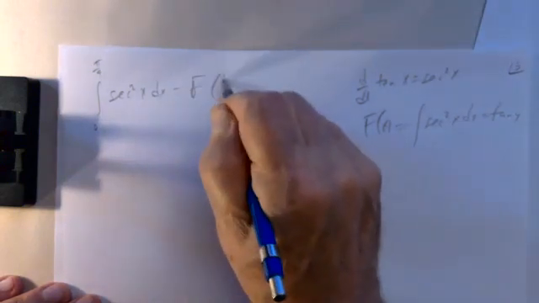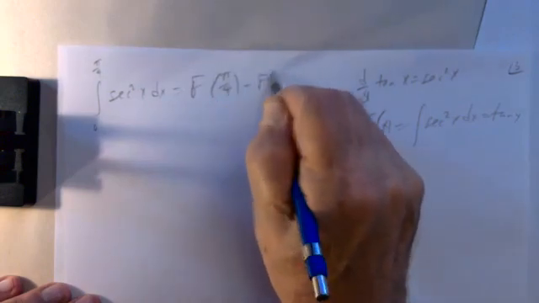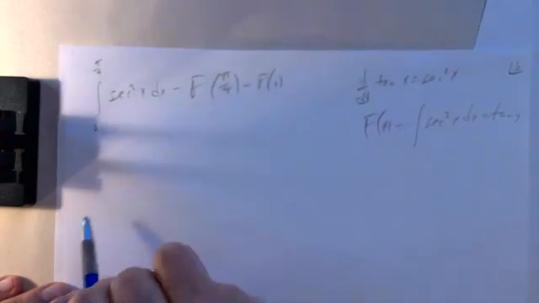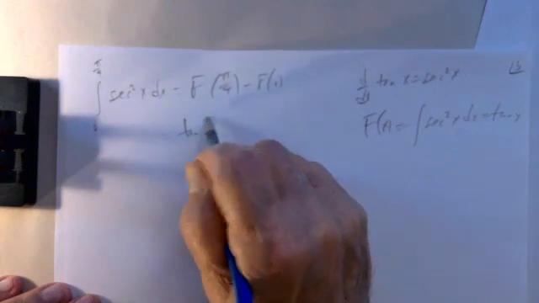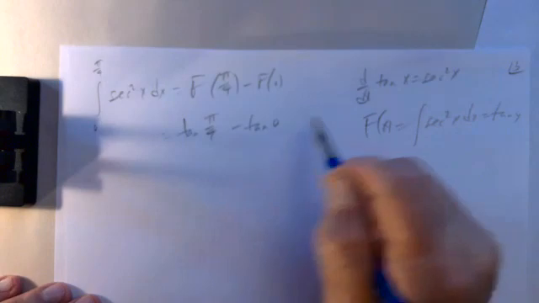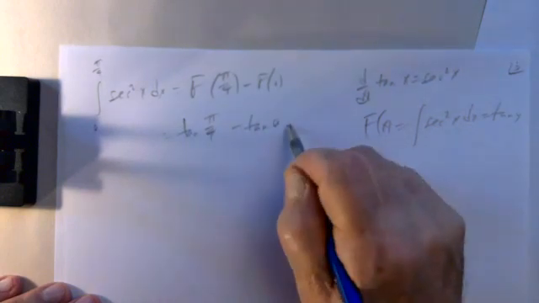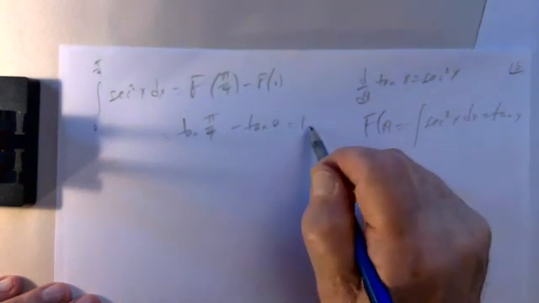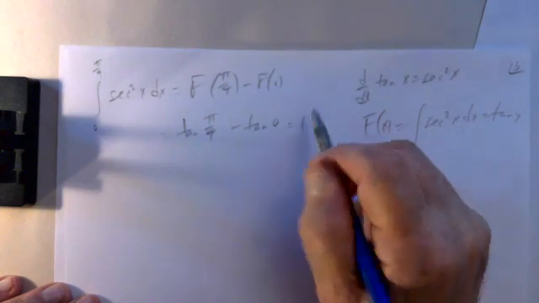So this is F of pi over 4 minus F of 0. That's tangent of pi over 4 minus tangent of 0. Tangent of pi over 4 is 1. Tangent of 0 is 0. So the answer is 1.